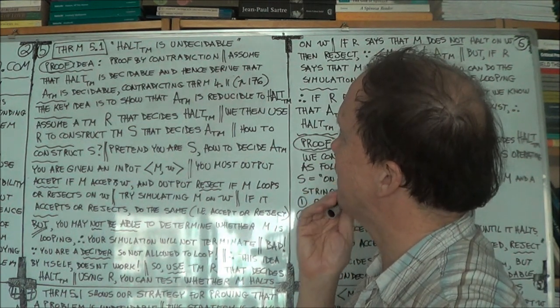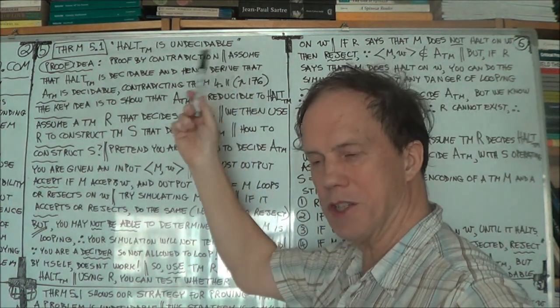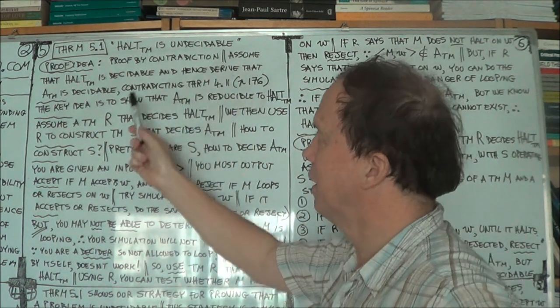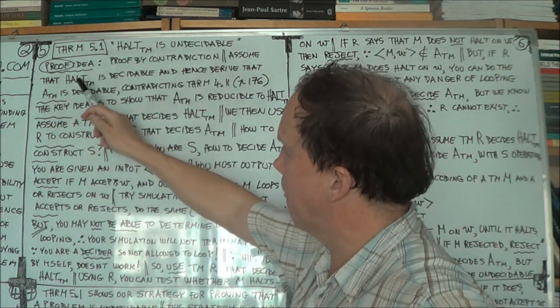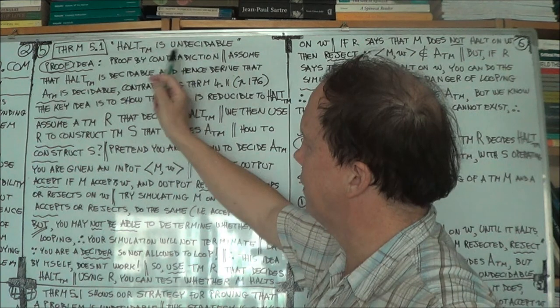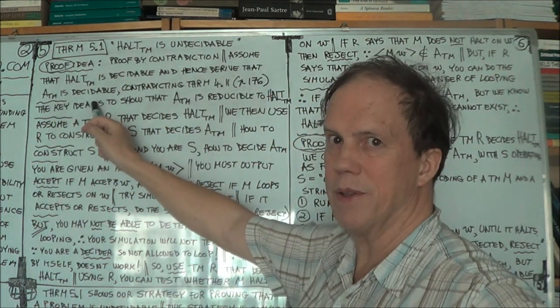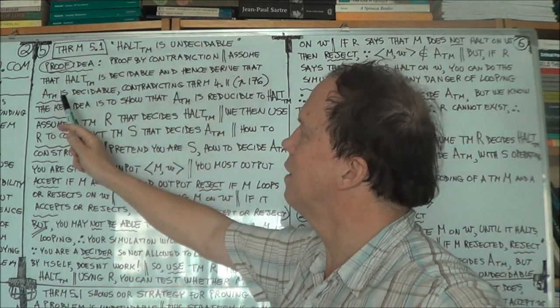And the contradiction we're trying to derive, because in proof by contradiction you always have to arrive at some kind of contradiction, is this: if we assume that HALT_TM is decidable, then we will derive that A_TM is decidable. Now we know that that's not the case, that's the contradiction.